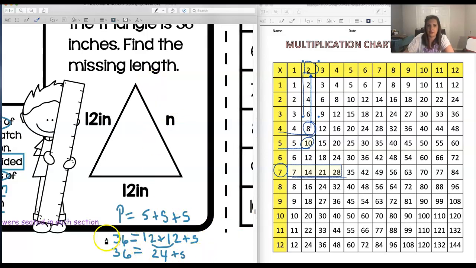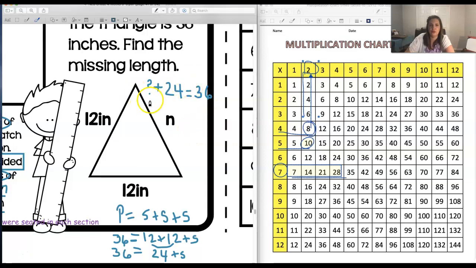This is like a backwards number problem. It's the same as saying question mark plus 24 equals 36. And in 2nd and 3rd grade, you learned about fact families and fact triangles.